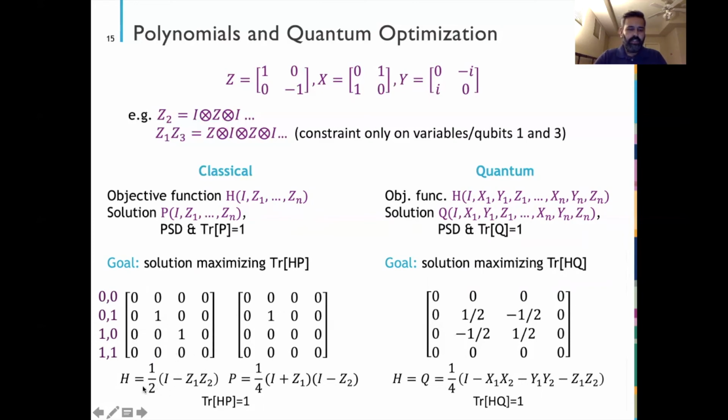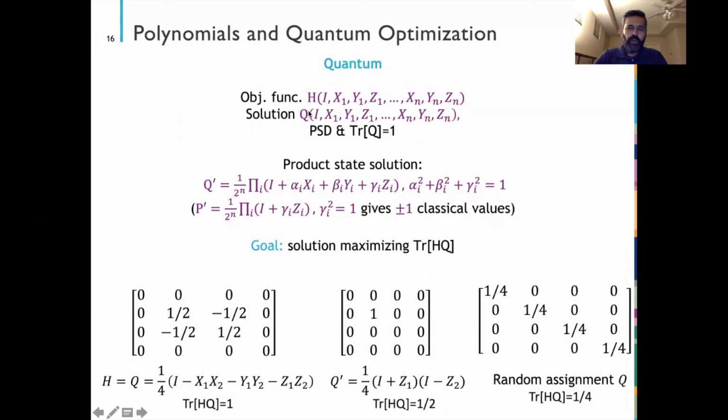In this example, H is I minus Z1Z2, which is really just these two strings here. It's max cut again. An optimal solution, for example, is this polynomial where you're just picking 0, 1. In the quantum case, it turns out for this particular example that H itself is an optimum solution. This is a rank 1 matrix. Its trace is 1, and so it optimizes itself and gives you an energy of 1.